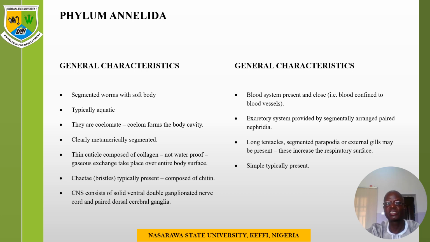They have an excretory system which is provided by segmentally arranged paired nephridia. They also possess long tentacles. They have segmented parapodia or external gills which may be present. This increases the respiratory surface of the organisms.